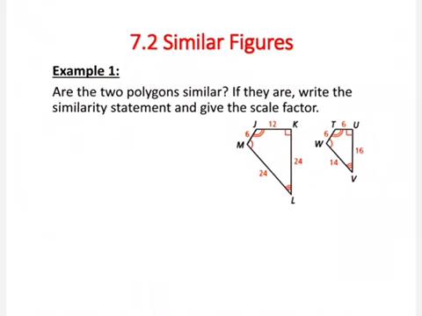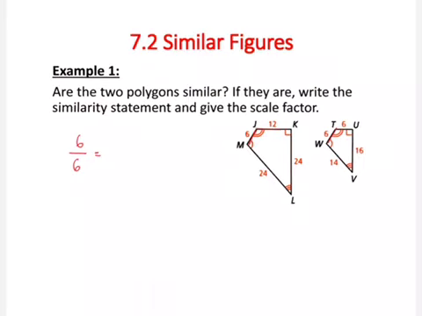Here they ask, are the two polygons similar? If they are, write a similarity statement and give the scale factor. Well, to determine if they are similar, the first thing we do is look, do they have matching angles? The angles match up, so we're good. Then we start comparing the sides. So JM is going to correspond to TW, so let's say we write a ratio of 6/6.